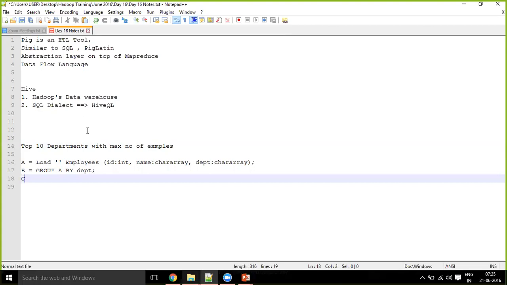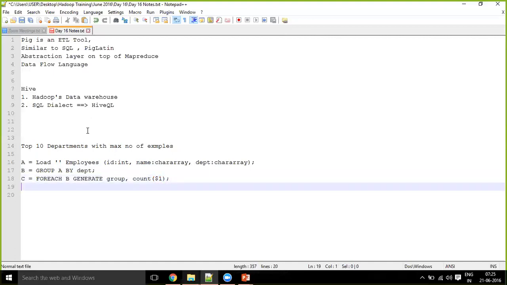If you want to get the count of them, so C equal to foreach B generate group comma count of $1.